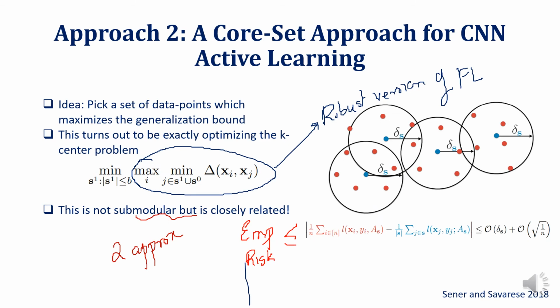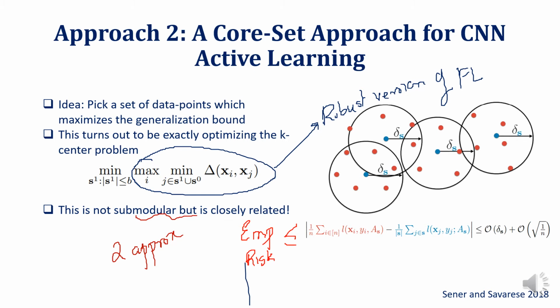The second approach is based on an interesting upper bound on the empirical risk, and the upper bound has this first component in terms of the red dots, which is a train error, and there is a component involving these points in blue which form the core set.